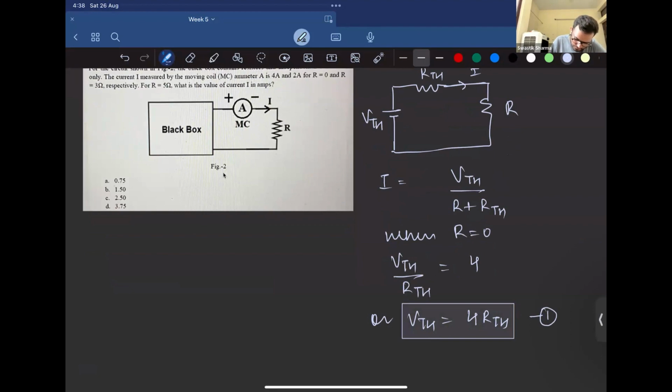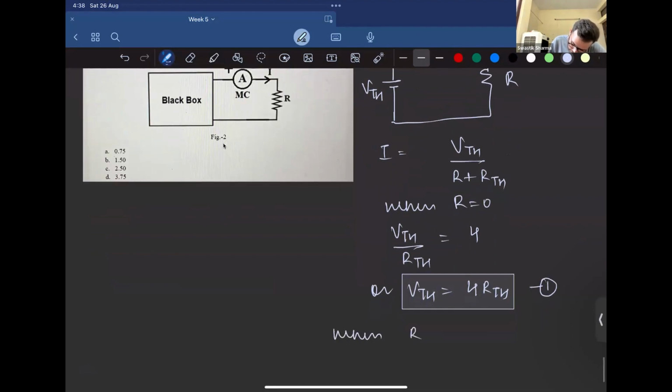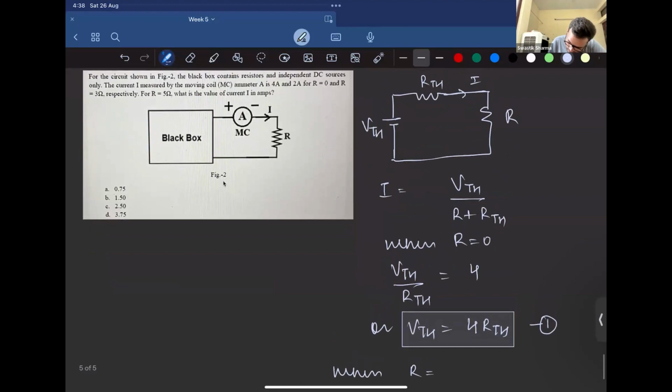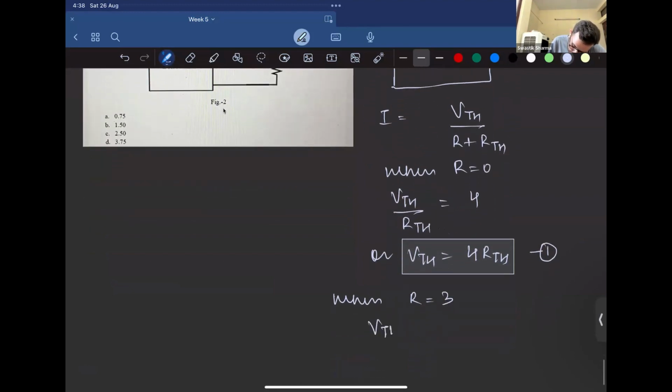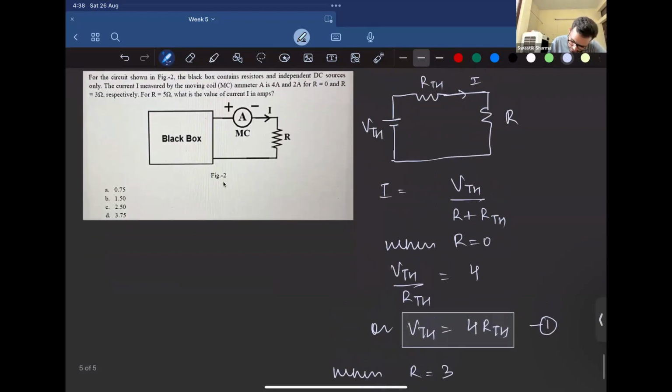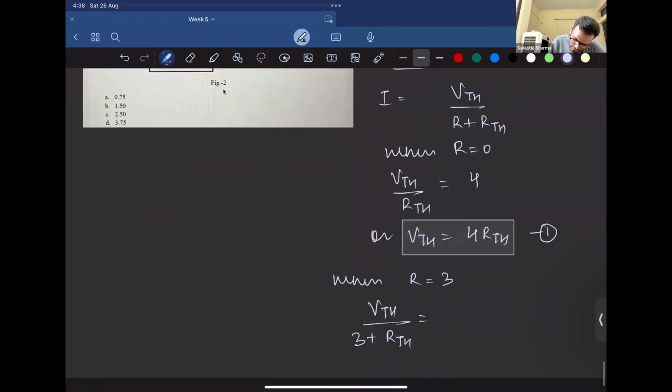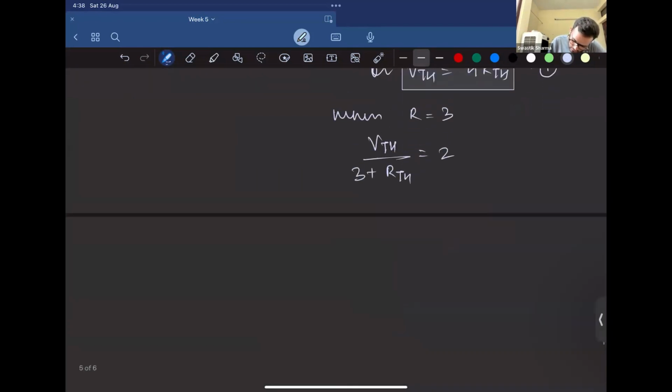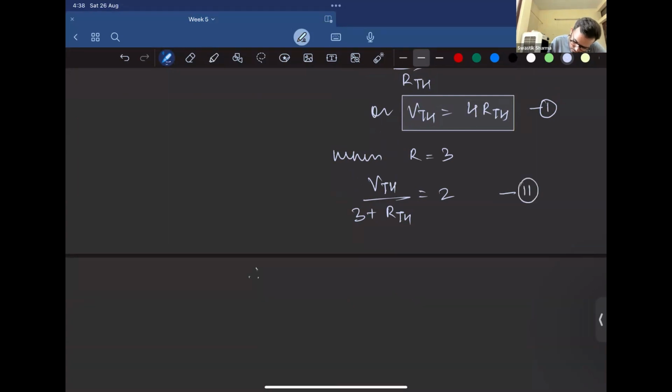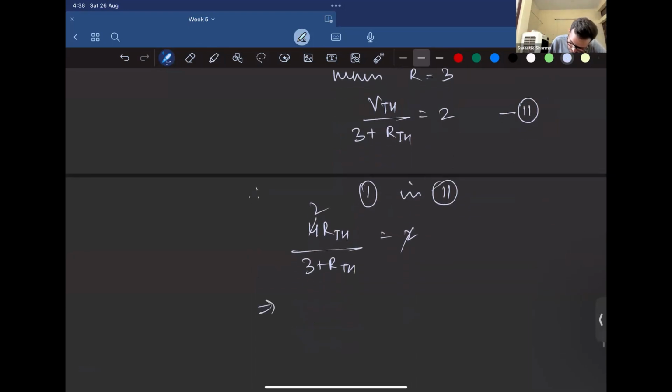And when R is equal to 3, VTH upon 3 plus RTH is equal to 2 ampere. So let's equate 1 and 2. So 4 RTH upon 3 plus RTH is equal to 2, which means 2 RTH is equal to 3 plus RTH, or RTH is equal to 3.